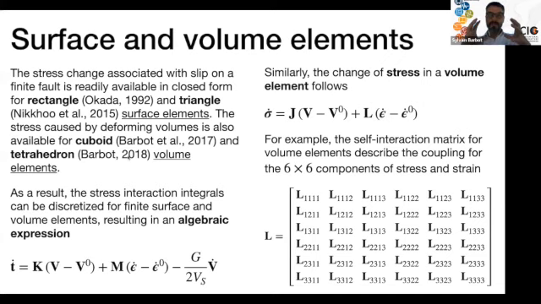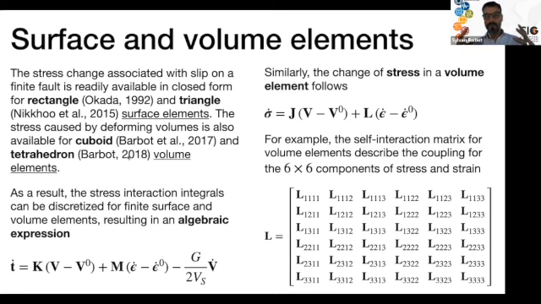So that's kind of interesting because a volume element can strain in 6 independent components of strain, and that is caused by 6 different components of stress. And so the stress interactions for a single element already represent a 6 by 6 matrix of stress interactions relating stress and strain rates.